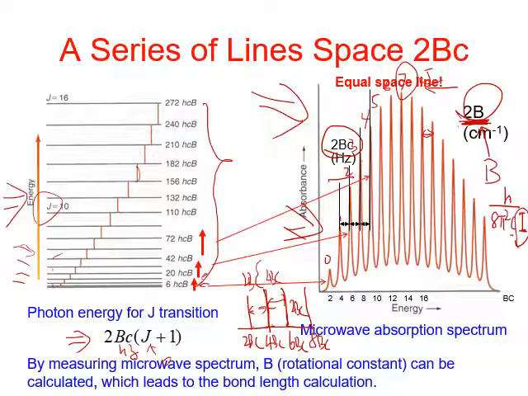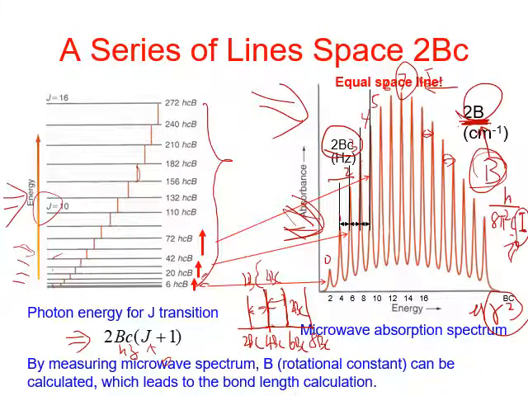So by measuring the spectrum, we find the B. Using this spacing, we find the B constant, and then we can calculate the moment of inertia. And the moment of inertia equals the reduced mass times bond length squared. And therefore, eventually, we can calculate the bond length.